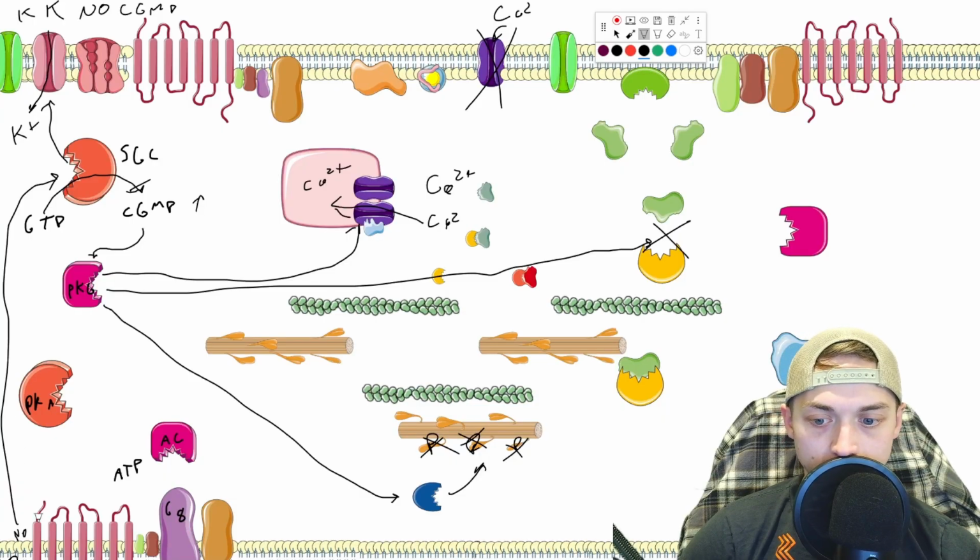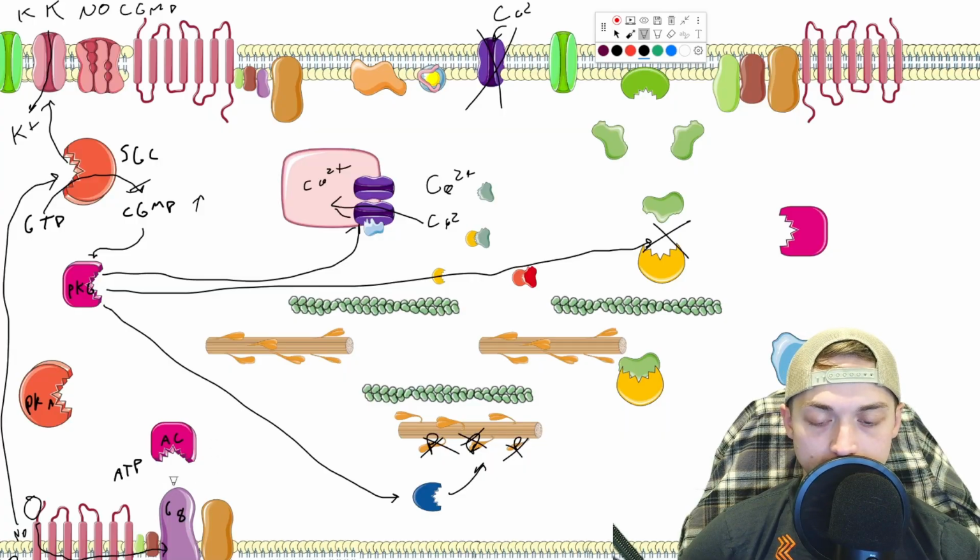Now let's talk about the other pathway. This is the cAMP-PKA pathway, the cyclic adenosine monophosphate protein kinase A pathway. So we got some beta 2 stimulation, right? The beta 2 receptor is going to stimulate the G-alpha-s subunit of our G protein complex.